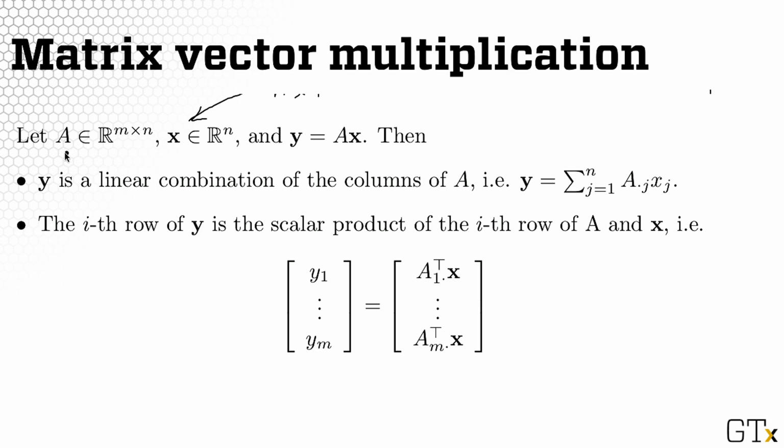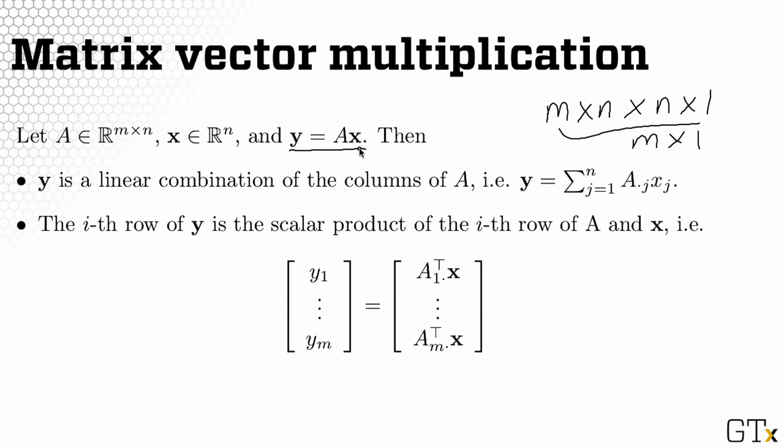So when I multiply A times x, I'm going to get m by n times n by 1, and that's going to give you an m by 1 matrix, or in other words, an m-dimensional vector. That's what y is. So this is the matrix vector multiplication, which is basically a special case of matrix multiplication.